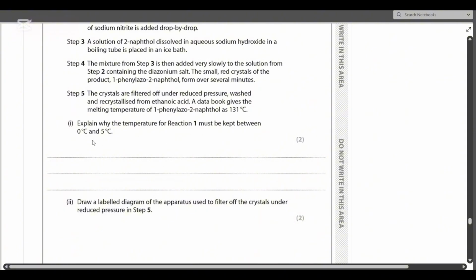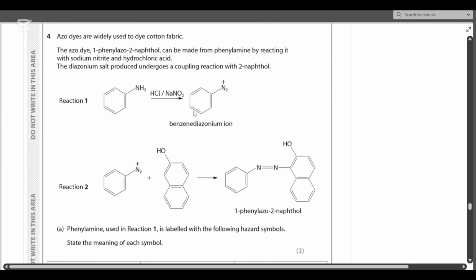Well, below 0 degrees Celsius the reaction is too slow, and above 5 degrees Celsius the diazonium salt, the benzene diazonium ion produced in reaction 1, is going to decompose because it is unstable. If the temperature is too high, it decomposes and produces something else, which is phenol.